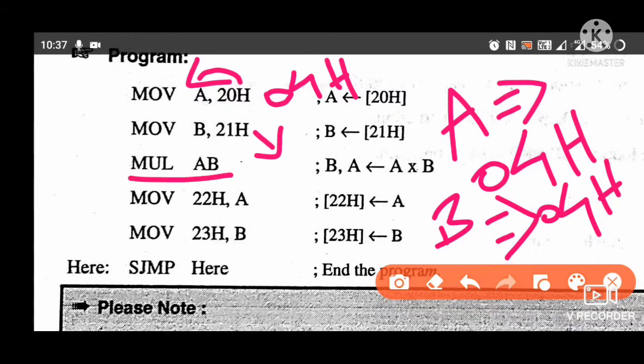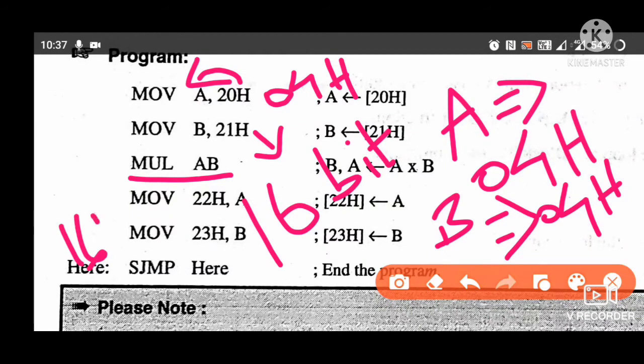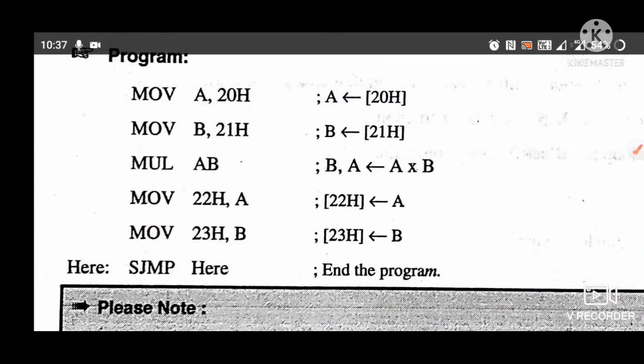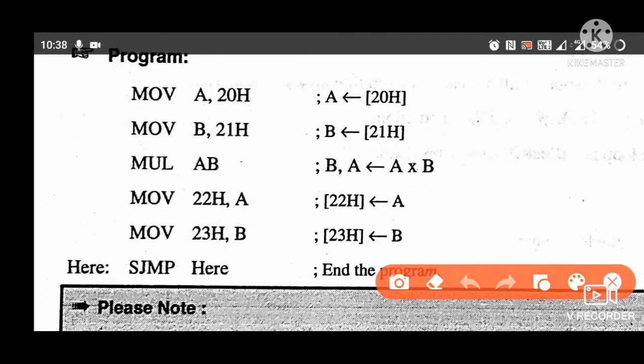MUL AB represents that we are going to multiply the two numbers. If you multiply two 8-bit numbers, we will get a 16-bit answer. If you multiply two 16-bit numbers, we can get a 32-bit result, so it is doubled. We already know the basics.